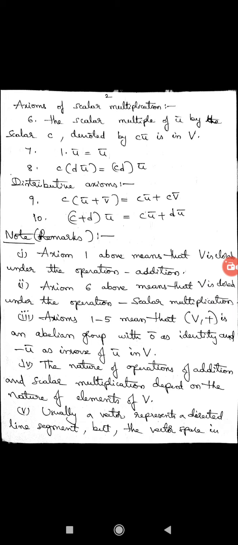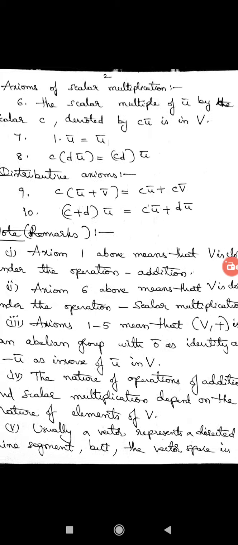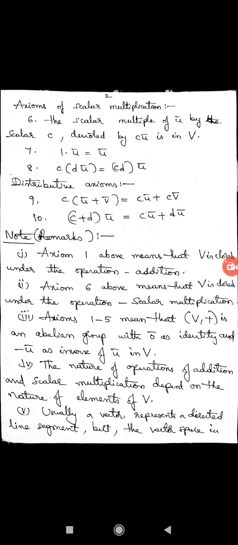So on the whole there are 10 axioms, among which the first 5 axioms constitute the axioms for addition, and the 6th, 7th, 8th, the 3 properties, constitute the axioms of scalar multiplication, and the last 2 axioms, 9th and 10th, come under distributive axioms.